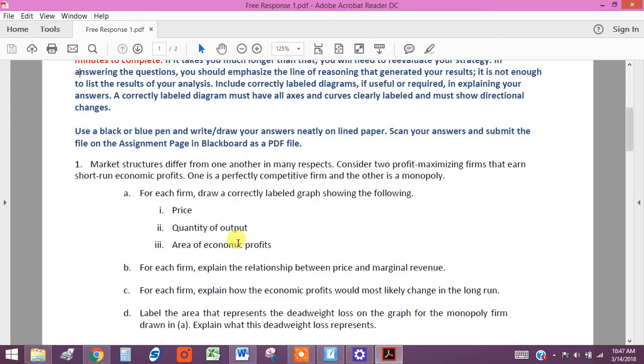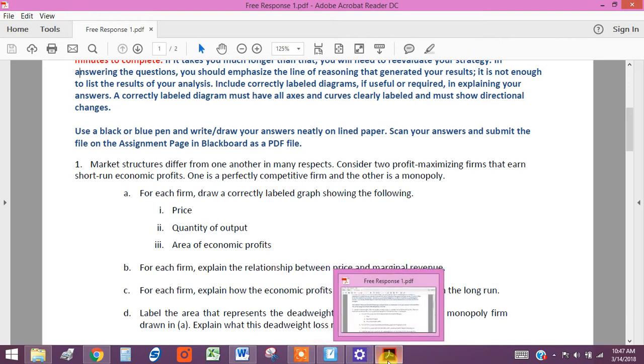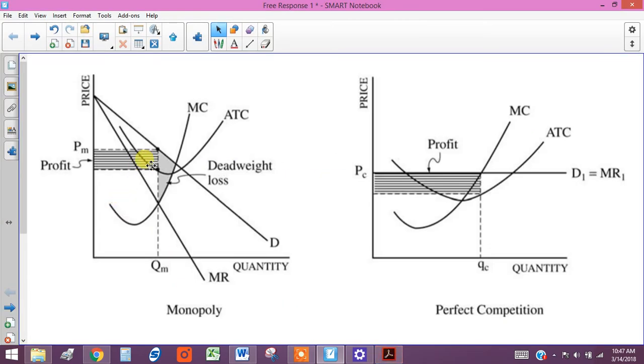So now we want to make sure that we are shading in the area of economic profits. Okay, so let's jump back. Here it's going to be that area between price and average total cost from the quantity over to zero.